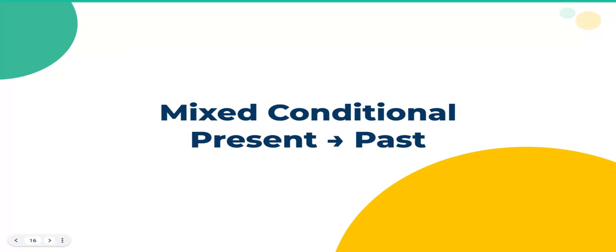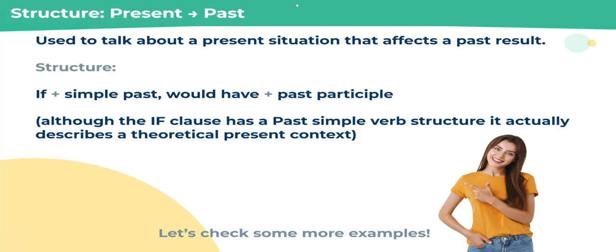So this time we're going to think about mixed conditionals from the present to the past. So these mixed conditionals are used to talk about a present situation that affects a past result. So let's have a look at that structure.